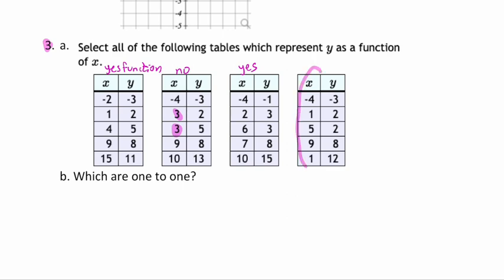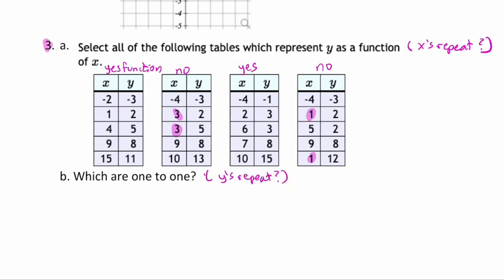In this table, we have those ones that repeated themselves. You'll notice our ones repeat. So that one is a no. So then B says, from the tables, which ones are one-to-one? So remember up here, you're asking yourself, do the x's repeat? Here, you're checking, do the y's repeat?